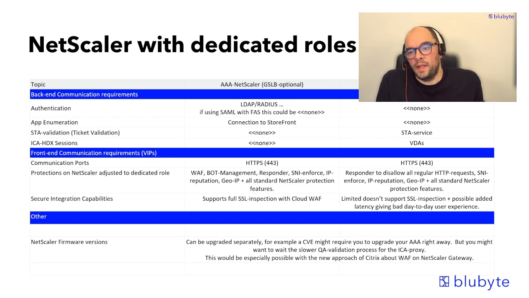On an AAA NetScaler, we see that it needs a configuration with, if you have a more traditional setup, LDAP, RADIUS and those kinds of topics, or a SAML setup, potentially with FAS in the backend.